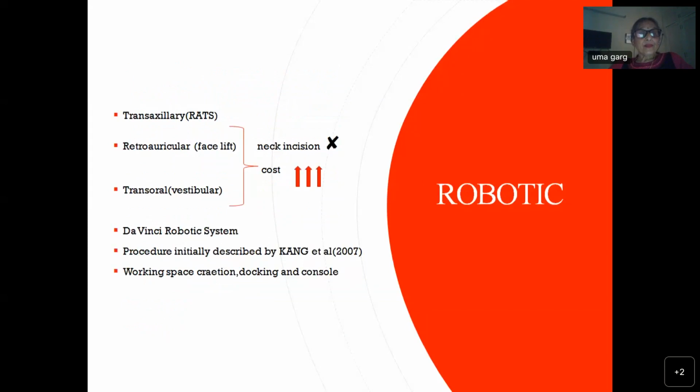Besides the ABBA approach or the MIVET approach, minimally invasive video assisted, some people also describe a transaxillary and a retroauricular facelift incision, behind the ear.